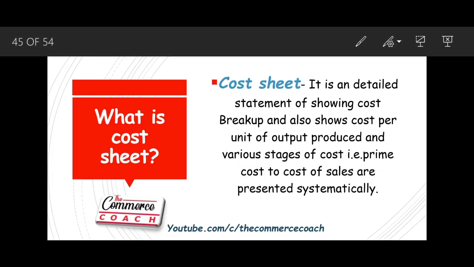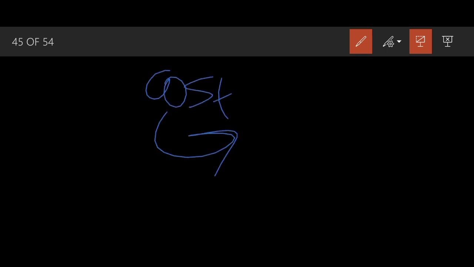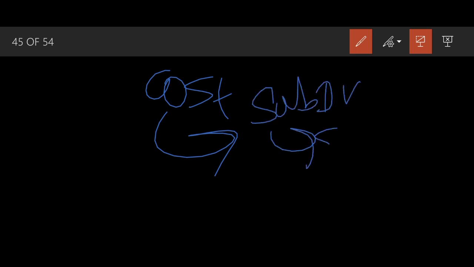So what do we mean by cost sheet? Exactly what do we mean by cost sheet? A cost sheet is a detailed statement showing the cost breakup. So what is a cost breakup? Basically we have seen that in cost accountancy we classify cost into subdivisions.